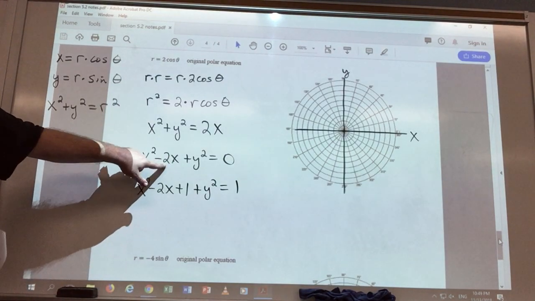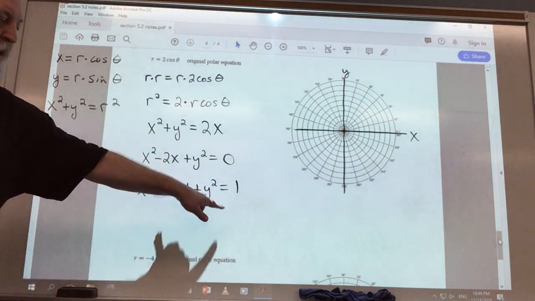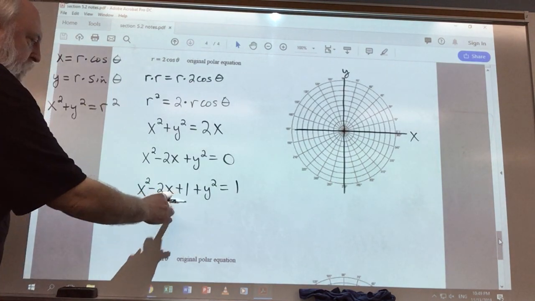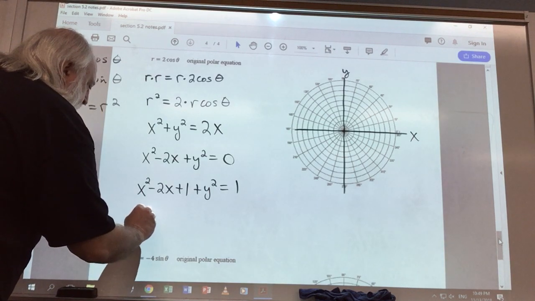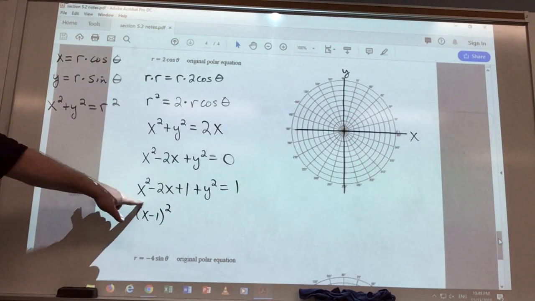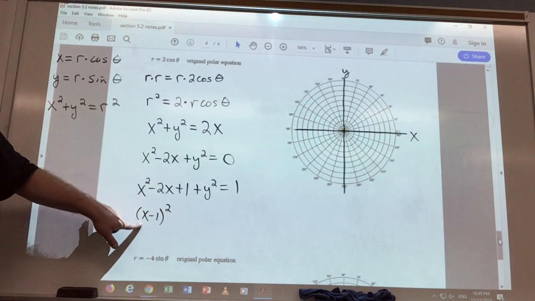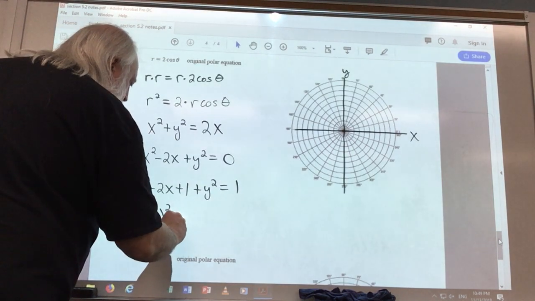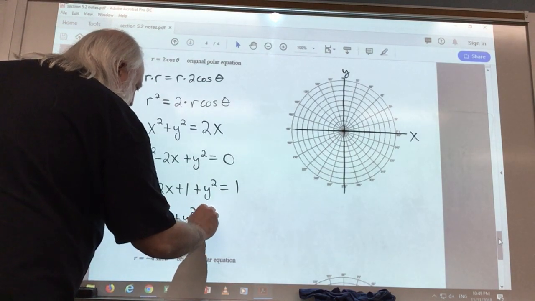So here I subtract 2x from both sides, here I add 1 to both sides. Well, x squared minus 2x plus 1 factors into x minus 1 squared. And then we have plus y squared, and that's equal to 1.